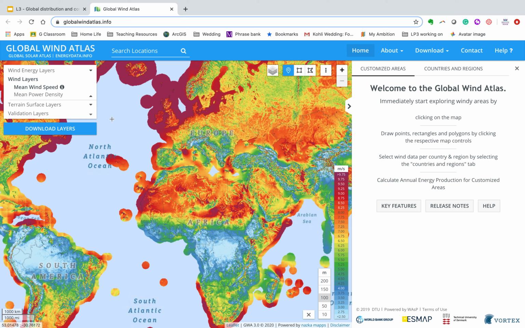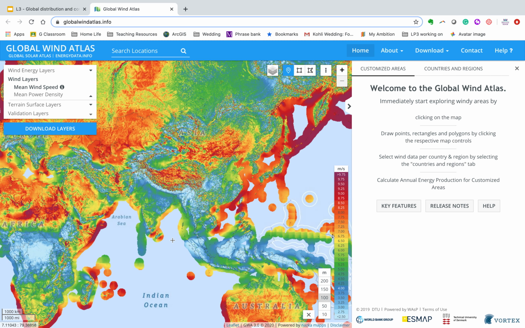Well, the answer is not that there's no strong wind. There may be strong wind, but if it is that far away, over very rough, choppy seas, actually transporting the energy from here back to the land is going to be really difficult. So the best places are close enough to the shore that we can get the energy back to land and not too far away.